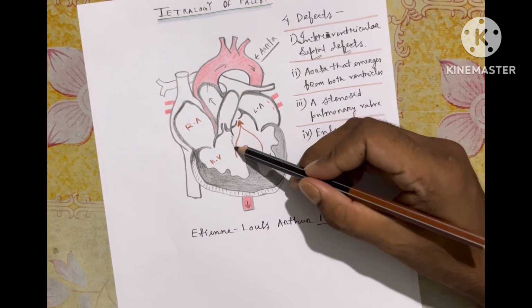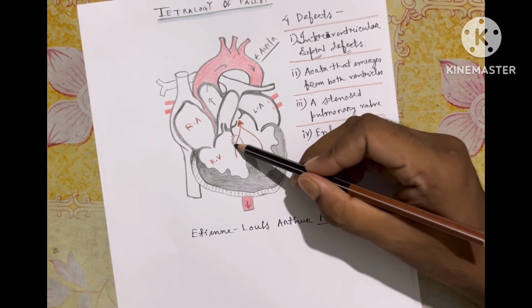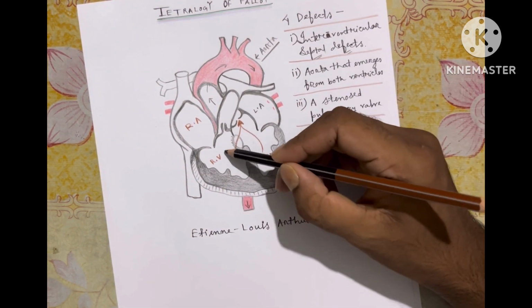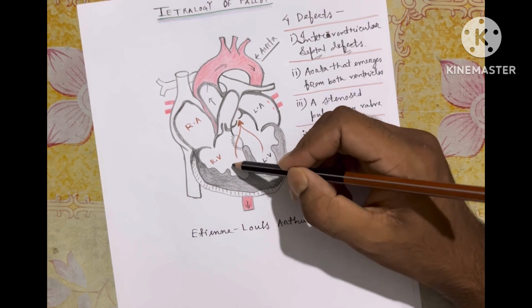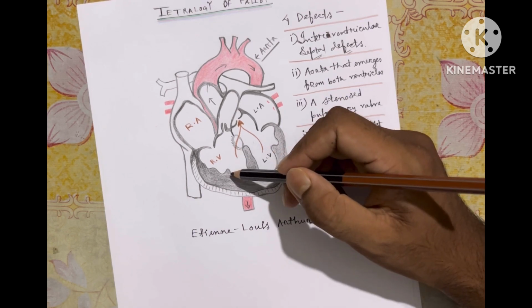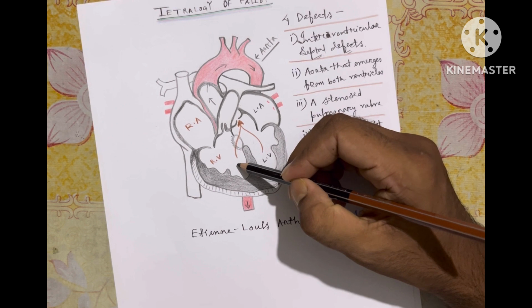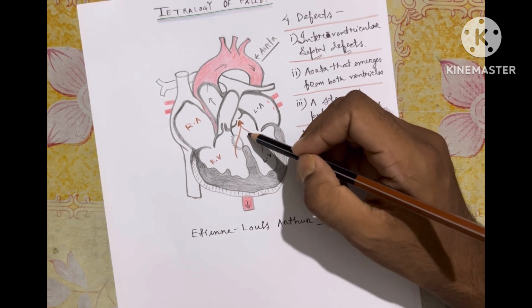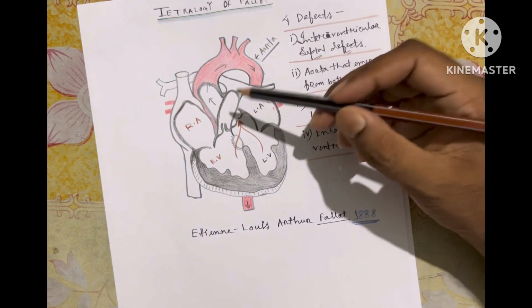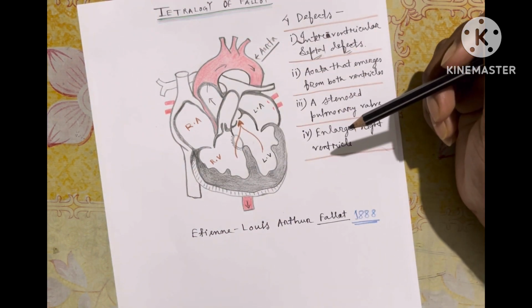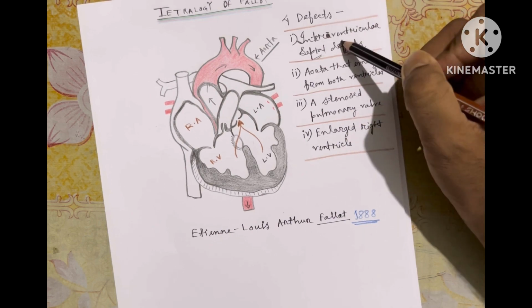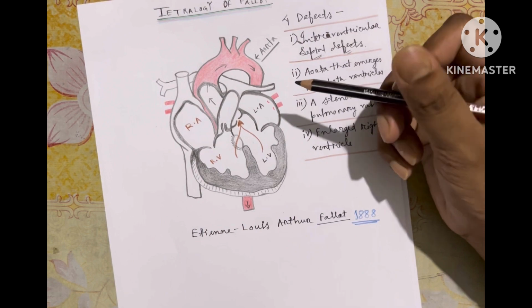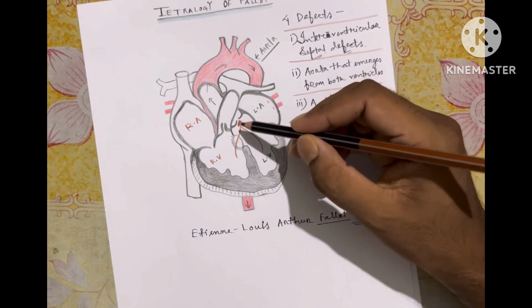There is an opening between both the ventricles, and because of that opening, when both ventricles contract, some amount of blood present in our right ventricle, which is deoxygenated or carbon dioxide rich blood, will go through this opening to our left ventricle, and from the left ventricle through the aorta to the rest of the body parts. That's why it is the interventricular septal defect. It is a congenital disease which is present at the time of birth of the baby.